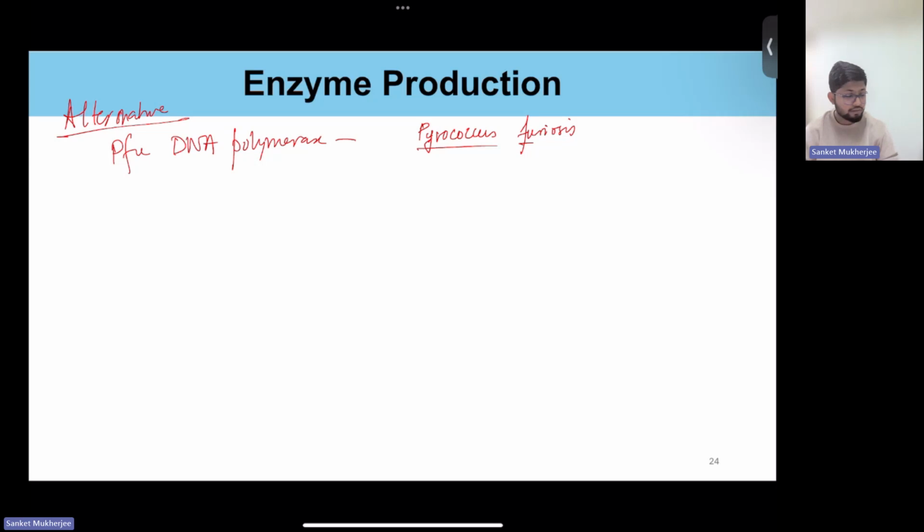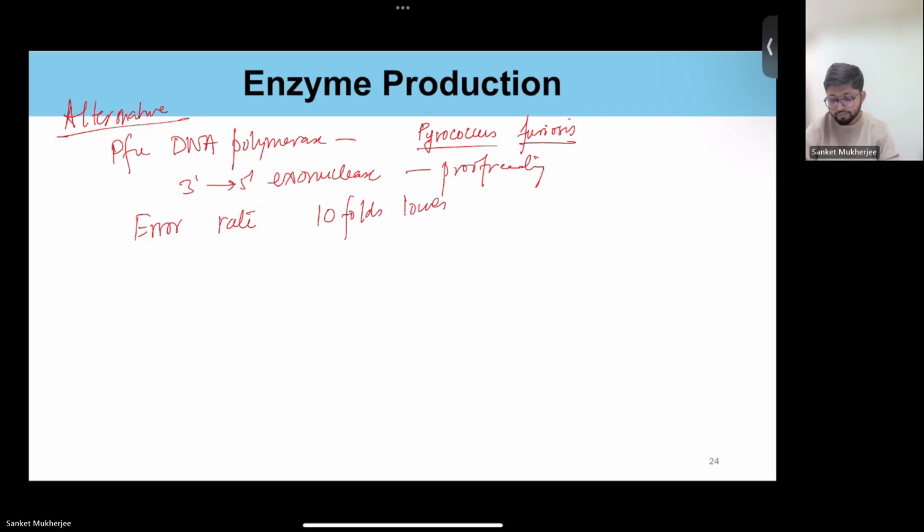That's the organism, and it has this 3' to 5' exonuclease activity, which is important for proofreading. The error rate is 10 folds lower than Taq polymerase.